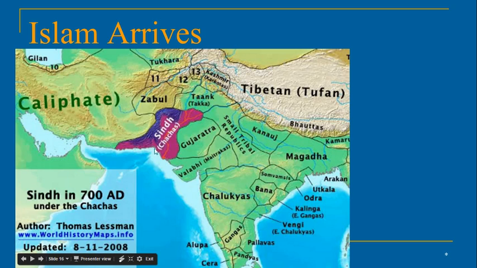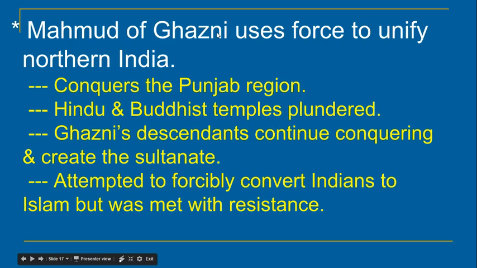northwestern India. This huge territory is known as the Punjab, and this guy Mahmud is able to lead this army and conquer this region. And he was not a nice guy. Because of his devotion to Islam, he felt that it is his duty to spread Islam by force, right?